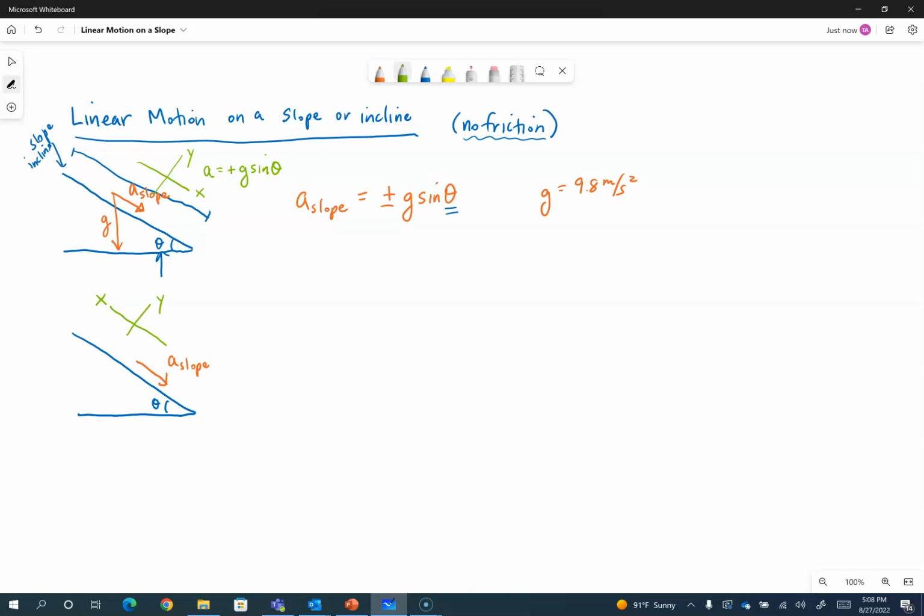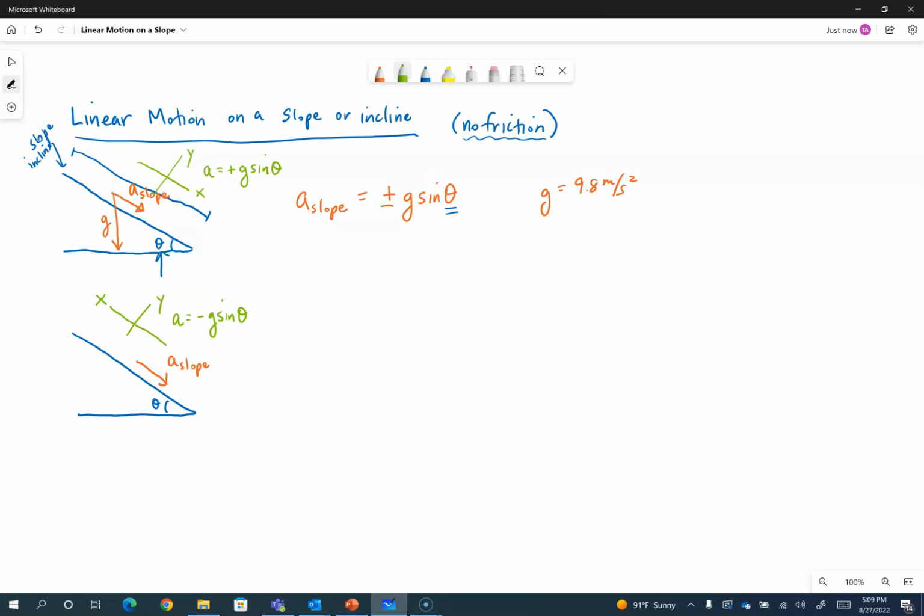So we want to make the velocity positive. Then we would need to say that the acceleration of the object is negative g sine theta, meaning this object's going to slow down, and as it slows down, it will eventually reach a maximum height along the incline, slow down, and stop.